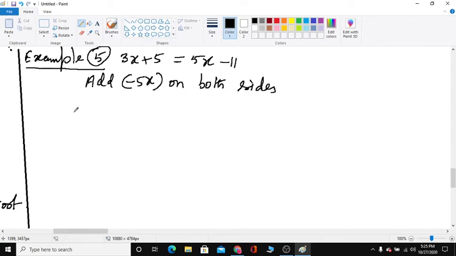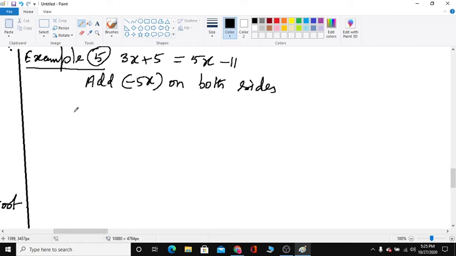Now add minus 5x, right within the bracket. Minus 5x is equal to. Now right hand side 5x minus 11. First you write the right hand side term 5x minus 11 plus minus 5x.